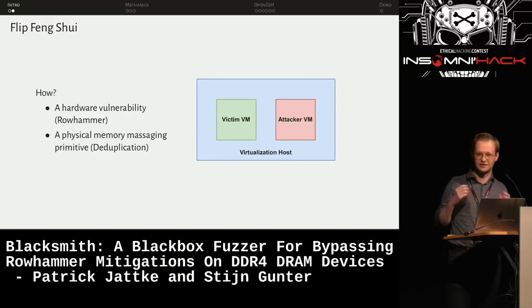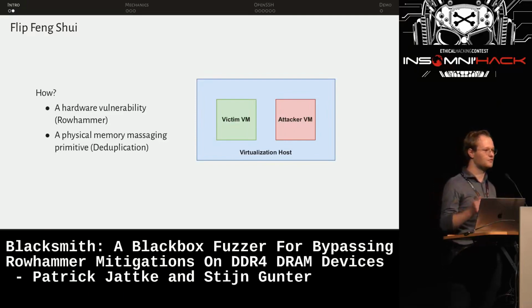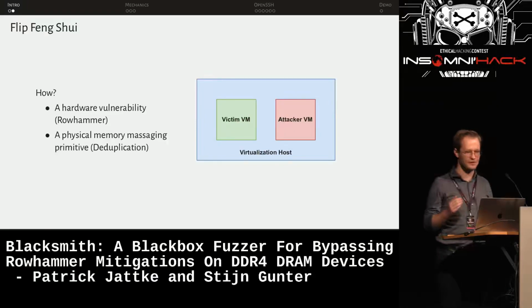Now, why is this massaging primitive necessary? You have to remember that in Rowhammer, not all locations in DRAM are equally vulnerable. And there is no guarantee that the location in physical memory where you want to cause your bit flip is actually occupied by the data you want to flip. So you need the ability to move around victim memory in physical memory to get it to a spot where you can use a Blacksmith pattern.